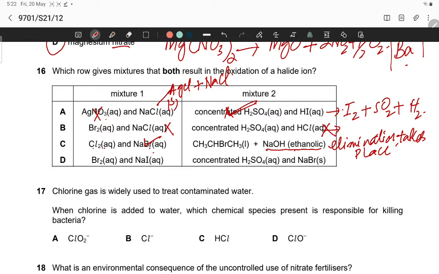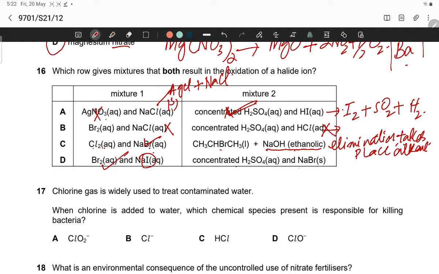Hydrogen bromide is lost and an alkene is formed. So this is also incorrect. Bromine and sodium iodide: iodide ion is oxidized. This is correct.